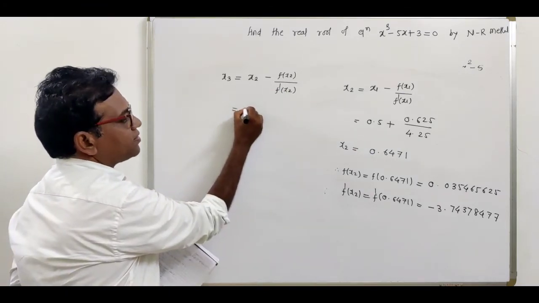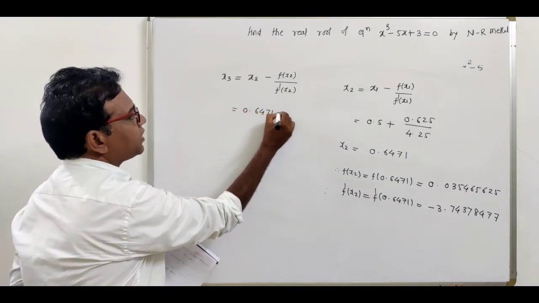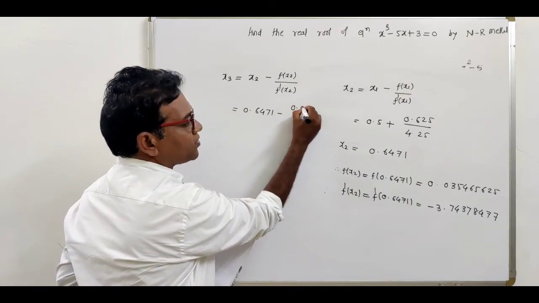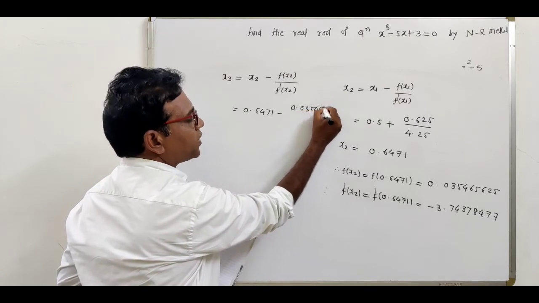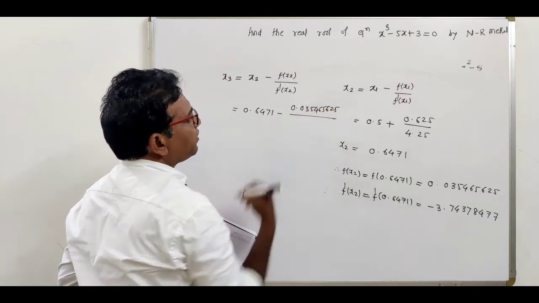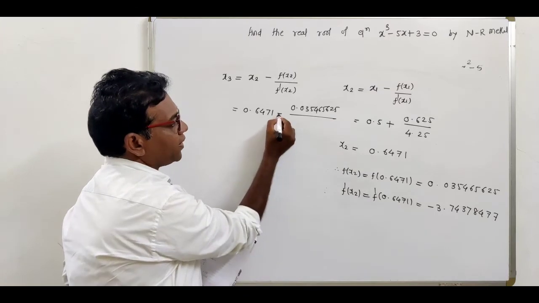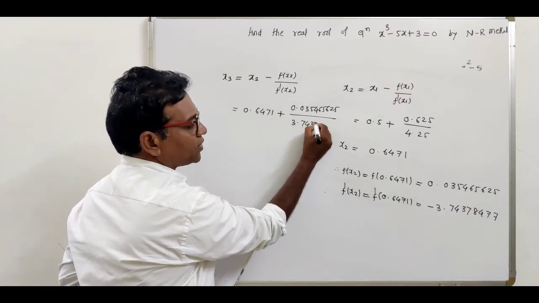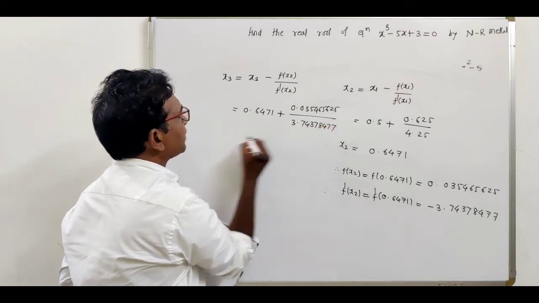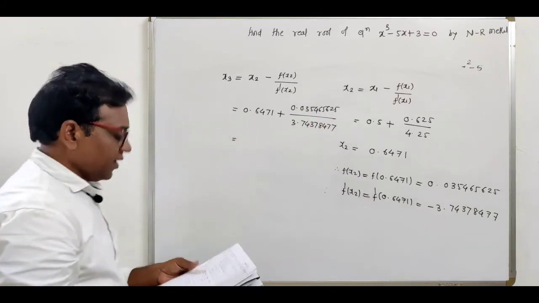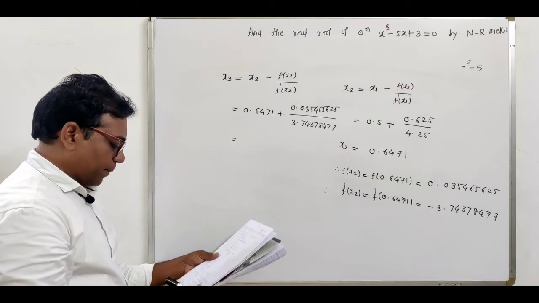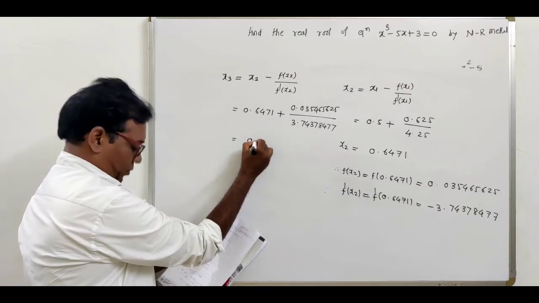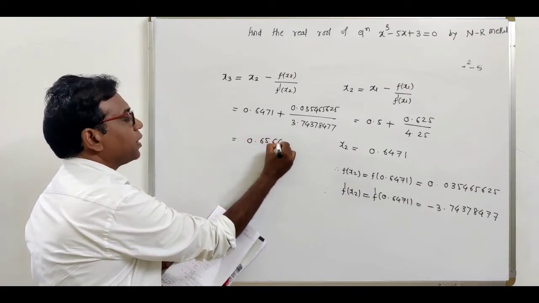Put the values: 0.6471 minus 0.035465625 divided by f dash x2, which is negative, so minus minus becomes plus 3.74378477. So x3, the third approximate root, is 0.6566.